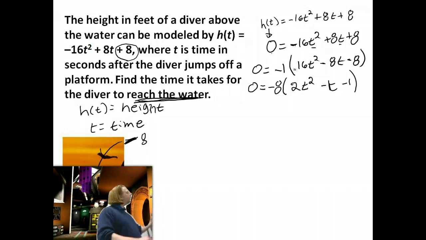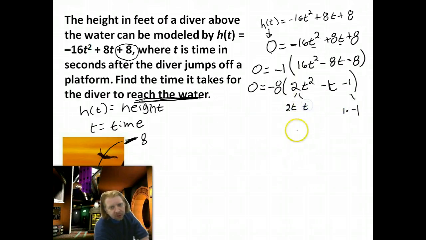Now the next thing to do is to take this and look at the parenthesis combinations. What numbers multiply to -1? Well, that's easy. That's 1 and 1. 2t squared is 2t and t. It's just a matter now of making sure my negatives are in the right spot.